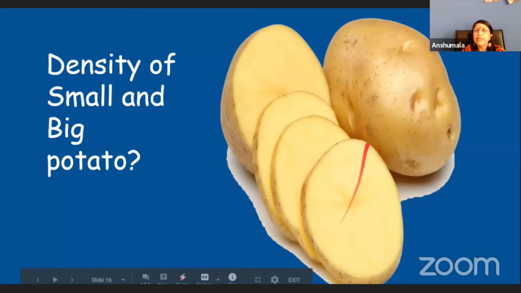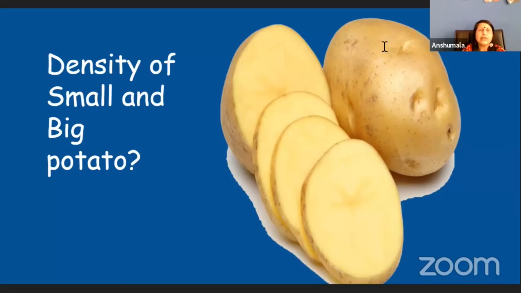How will density change from this one to this one? What do you think? So same density. Yes, as many of you have said, it will be the same density.